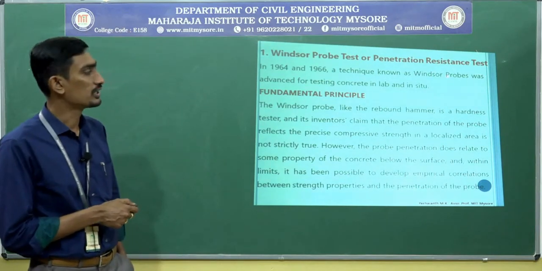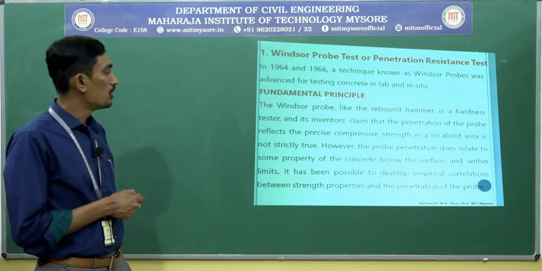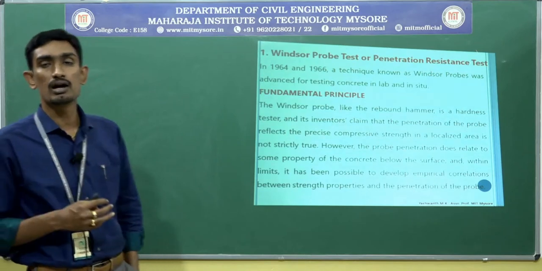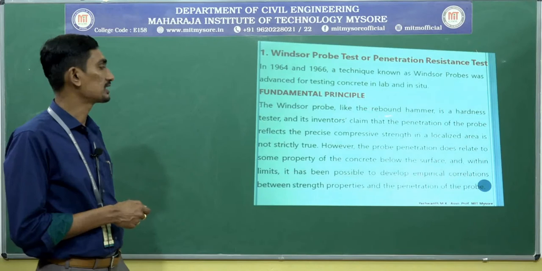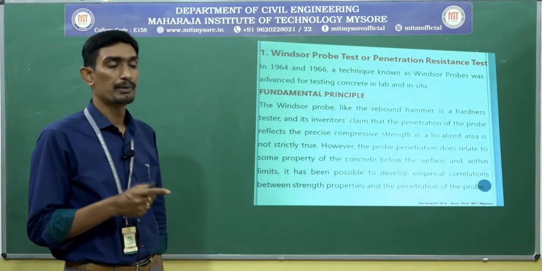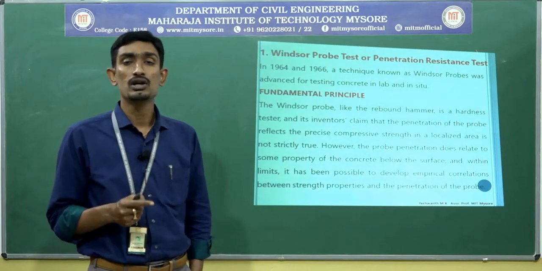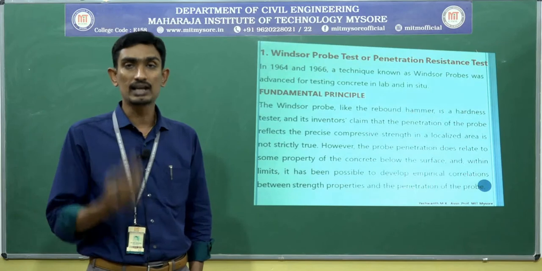I will tell you what the probes are in the coming slides. So what is the fundamental principle behind this test? The Windsor probe works just like a rebound hammer. What is a rebound hammer? It is a widely used non-destructive testing system which I will discuss in the next session.